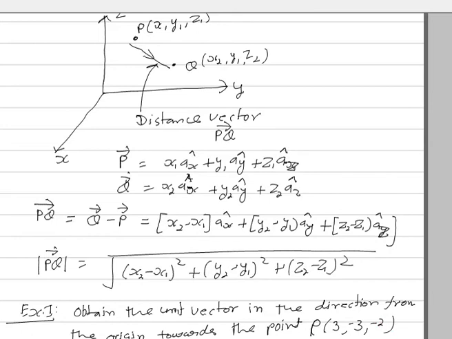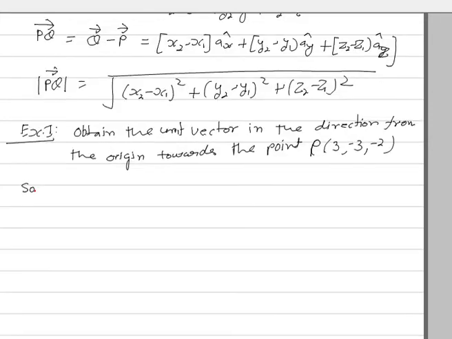Solution. Basically, to determine the vector, first of all read the question: obtain the unit vector in the direction from the origin towards the point P. That means first of all consider the origin and its coordinates.